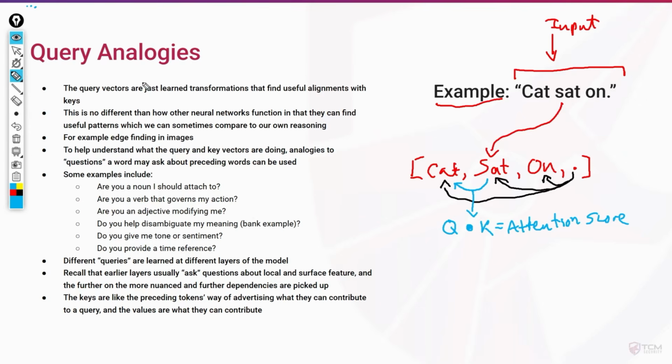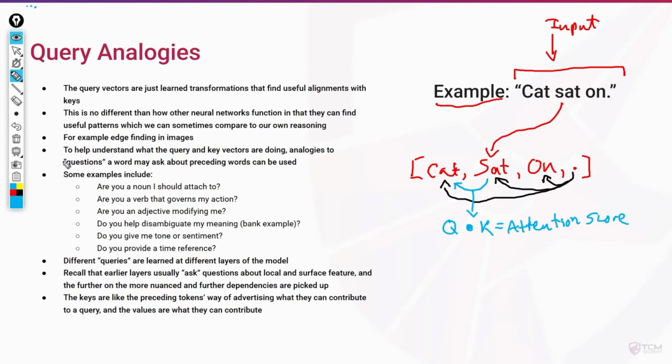So the queries and keys are learned through training, just like other neural networks. This is no different than how that initial neural network we looked at with image recognition did training to find useful patterns, like edge finding. And sometimes we can compare these to our own reasoning, and that's what we're going to do with these analogies.